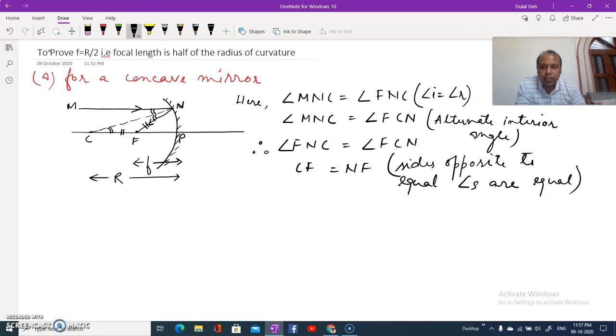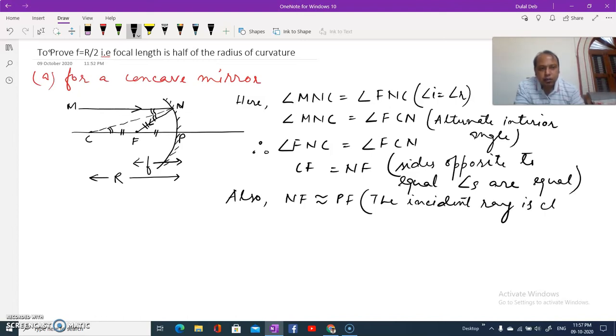Now see, the incident light ray is considered to be very close to the principal axis. So if it is very close, then NF is almost equal to PF. So we can also write NF is almost equal to PF. The reason being, the incident light ray is close to the principal axis.